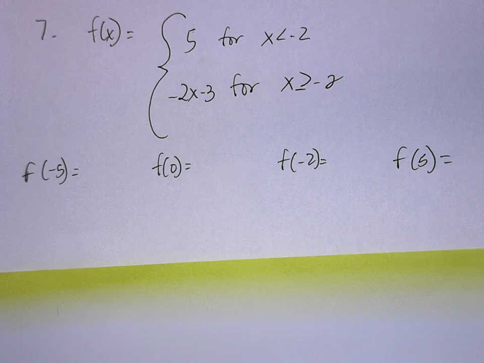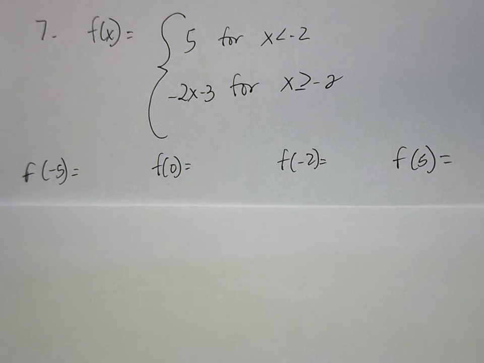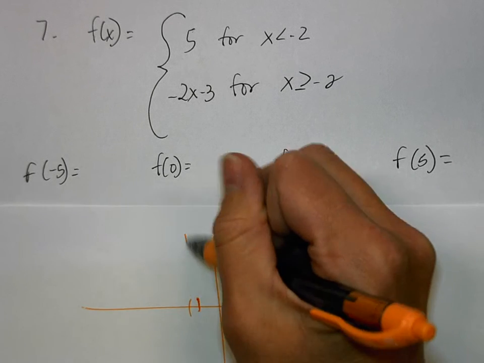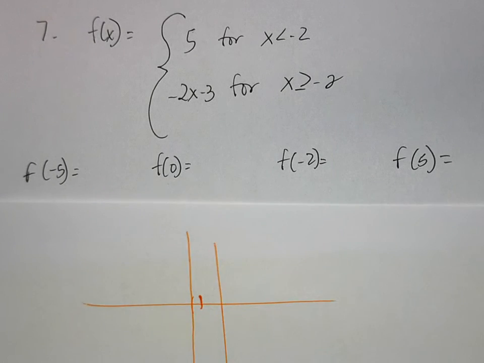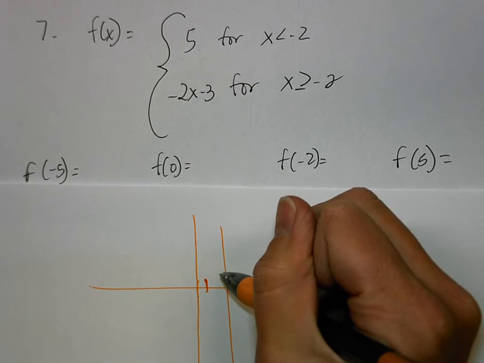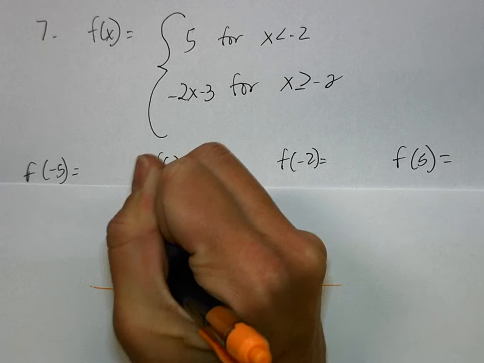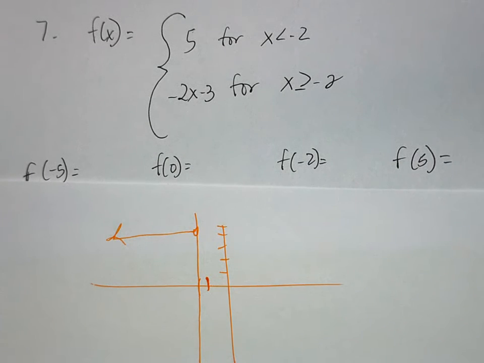It's 5. Because if you were drawing it, you have a border line at -2, and you go up 1, 2, 3, 4, 5, it's an open circle going to the left. So any value that's less than -2, the answer is 5.